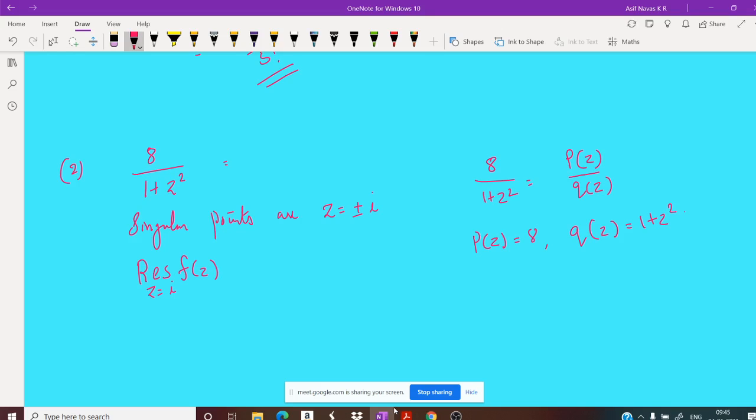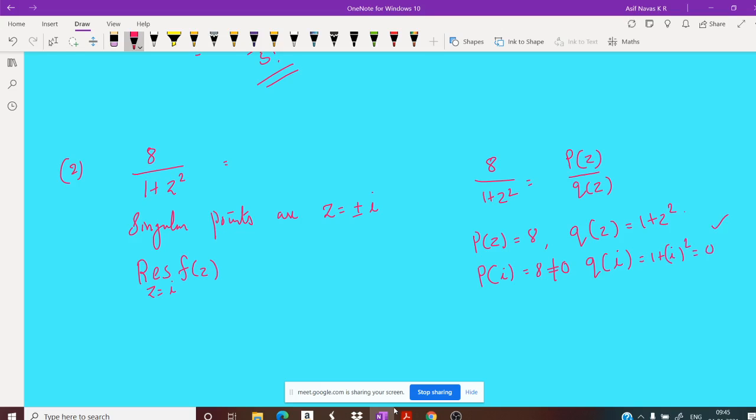Now you check whether our conditions are satisfied. The first singularity is i. So P of i is 8 itself, not equal to 0. Now you check what is Q of i. Q of i is 1 plus i square, which is equal to 0.